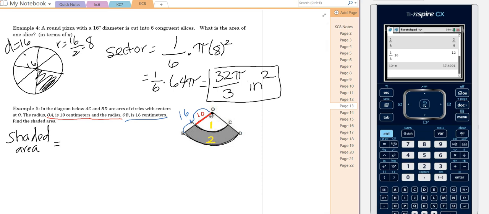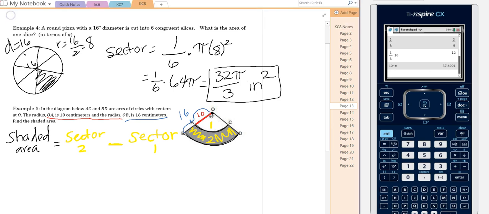Sector 2 is my shaded region, and I want to subtract sector 1, because that part's not shaded. I'm only trying to find the shaded part, but the only way I can do that is if I find the region of the whole thing and then subtract sector 1, because that part is not shaded. So we're doing this in some steps.